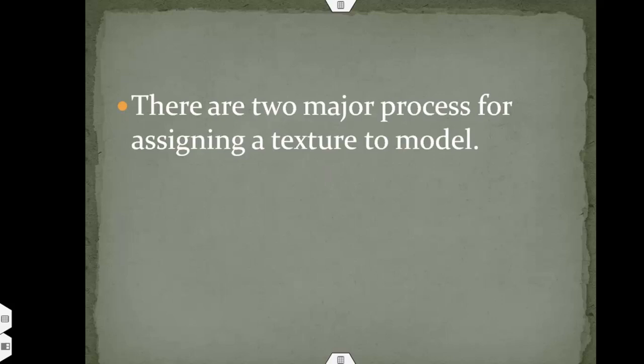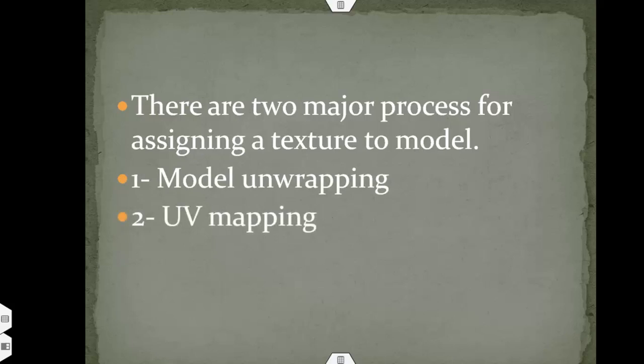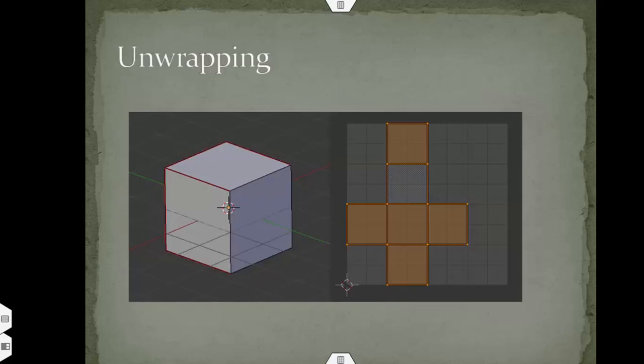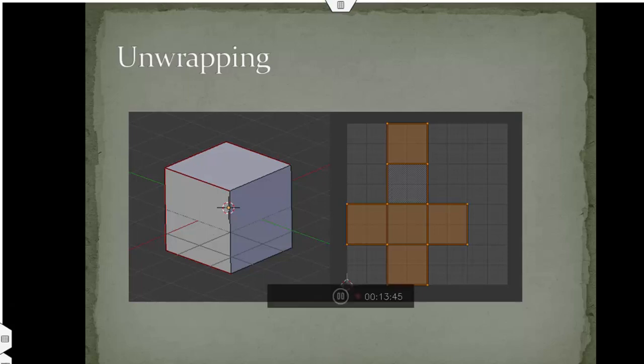Basically there are two major processes in order to assign a texture to the model. The first process is model unwrapping, and the second process is UV mapping. So what are these processes? What is unwrapping? Suppose we have a 3D model of a cube and we want to apply a texture on it. Texture is a 2D image and objects are 3D in nature.